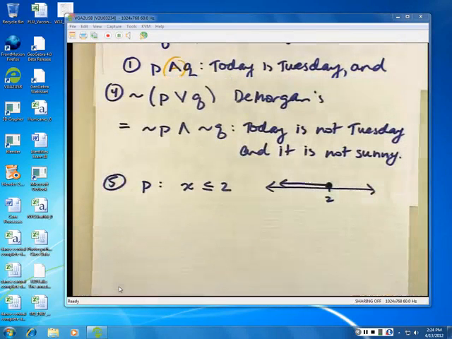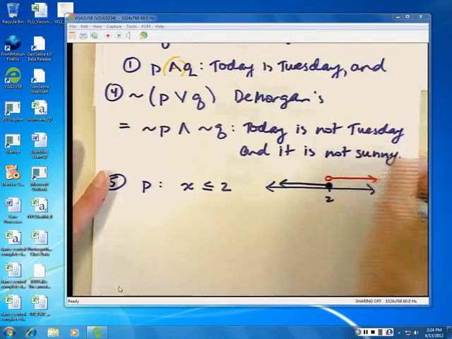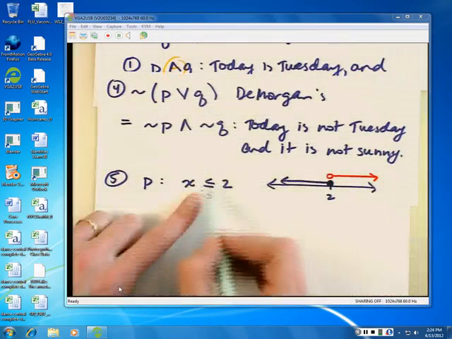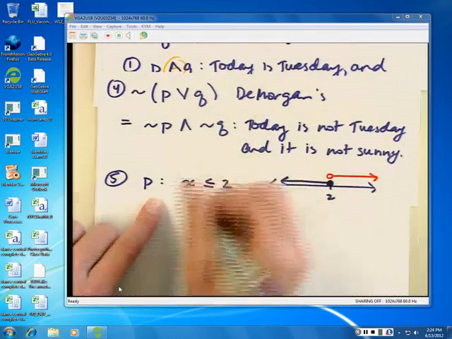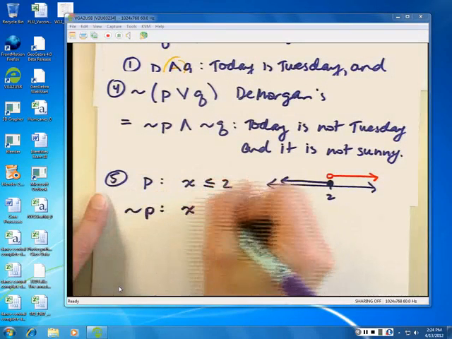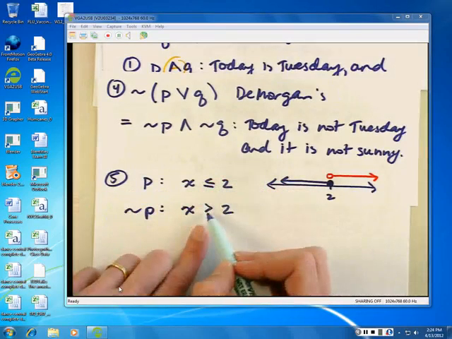Instead, I want anything that's not less than or equal to 2. So to negate that, I want everything not including 2, but greater than 2. So to negate this, I switch the symbol and I drop the equals case because I don't want the equals case. So the negation of P is X is greater than 2. I don't want less than, so I want greater than. I don't want equal, so I drop the equals case.